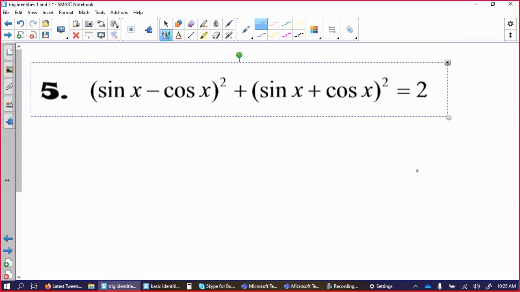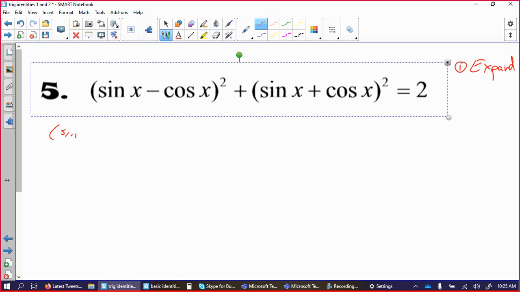Oh, this one looks pretty. So the first thing I want to do here is expand the bejeebers out of this.